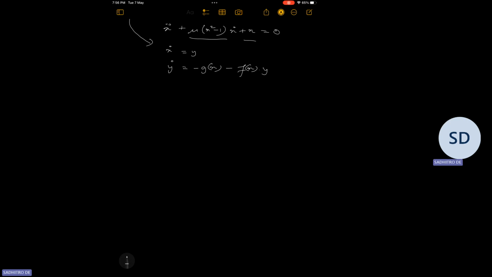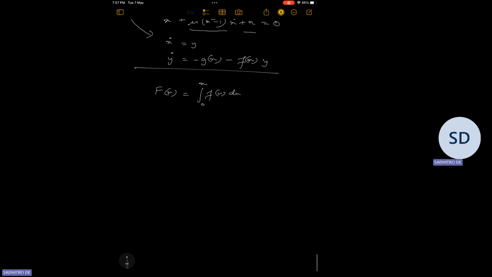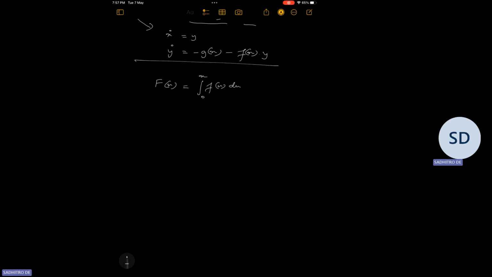So basically, capital F of x, which was the integral of f(u) du from 0 to x, should have a form like this: this is x and this is capital F. It should be 0 over here, only one positive zero.